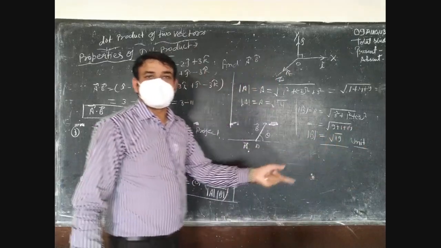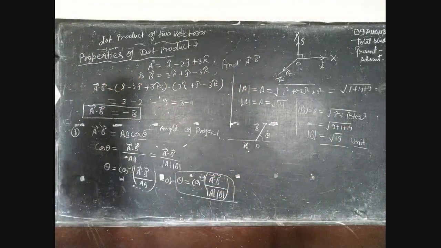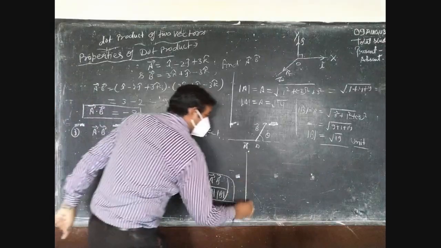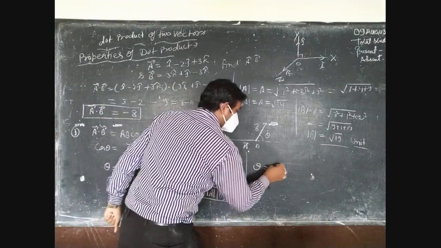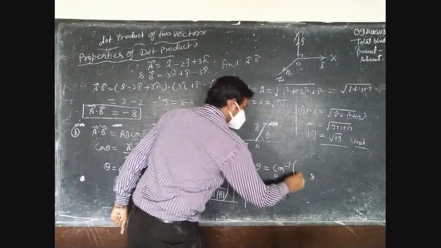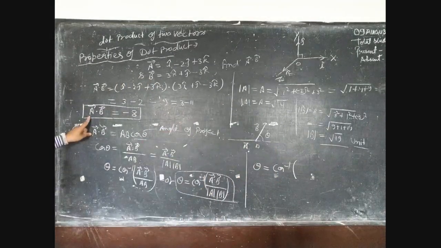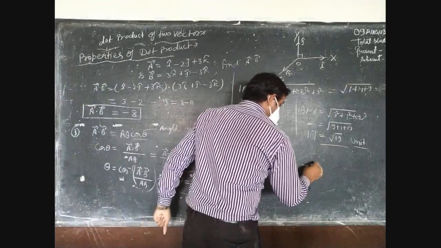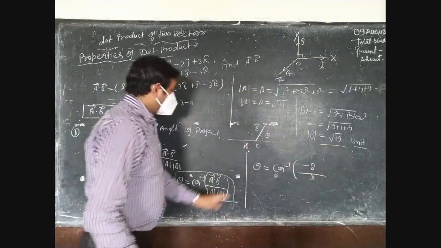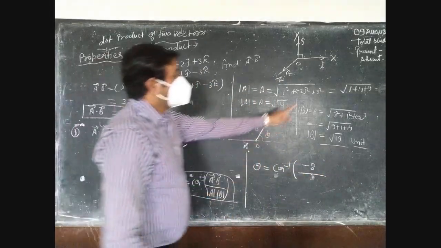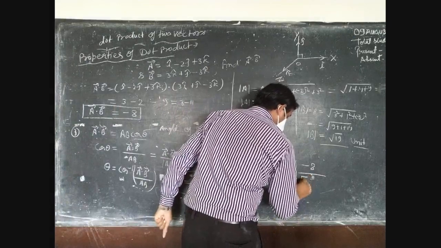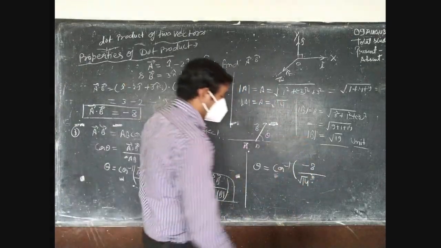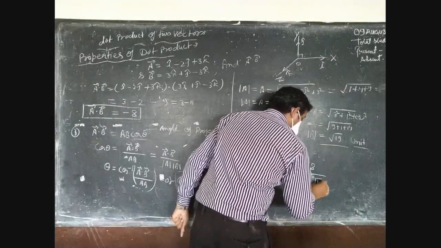Whatever the quantity B is, we use the unit for the quantity B. Now the angle of projection theta is equal to cos inverse of A dot B, which you have calculated as -8, upon the modulus of vector A, which is under root 14, and the modulus of vector B, which is under root 19.